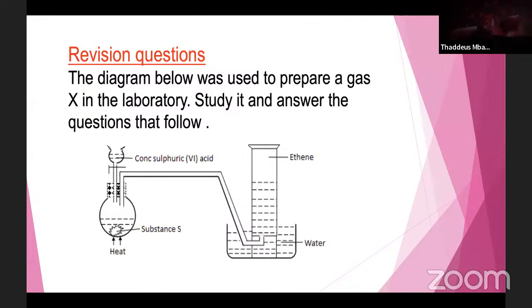Hydrogen is the only gas that is completely insoluble in water. All the others are slightly soluble, like ethene, oxygen, carbon dioxide, and nitrogen gases.